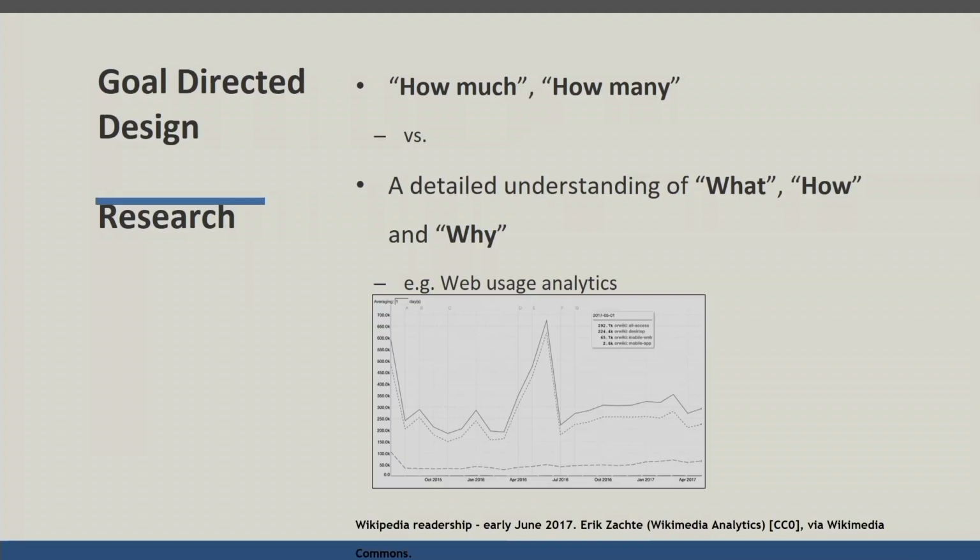To give you an example, please have a look at the screen. What you are seeing on your screen is web usage analytics. It is Wikipedia readership recorded in early June 2017. You see that from October 2015 till April 2017, there is a huge variation in the graph. This is quantitative data because there are numbers responsible for showing you this curve.